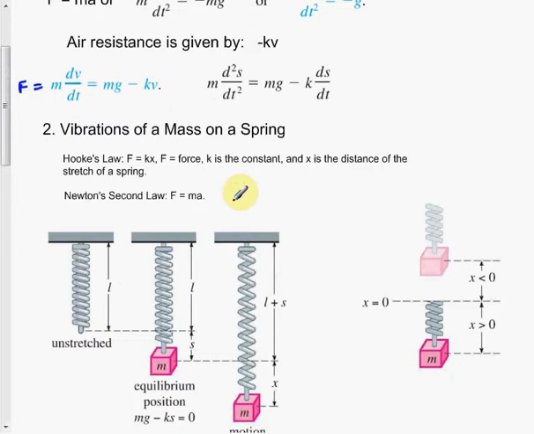And in Hooke's law, the force on a spring is said to be directly proportional to the distance of the stretch. Hooke actually calculated the stretch as being s, and you see this little movement here. Well, s is basically in the confines of x, if you will. And so for Hooke's law, F is equal to k times x.